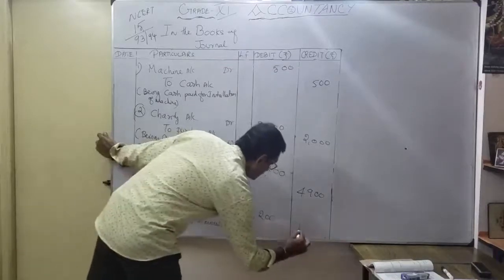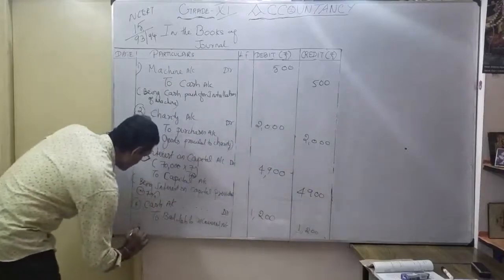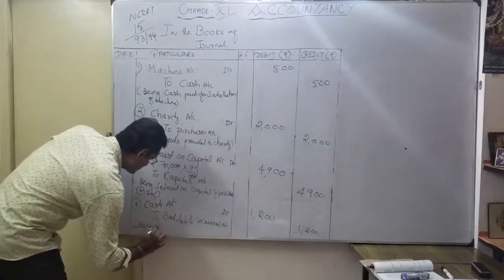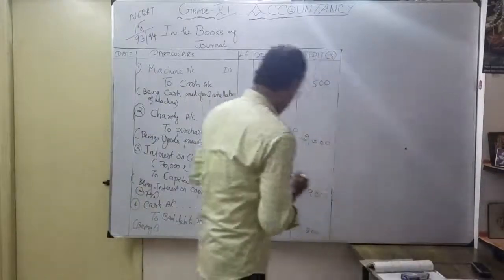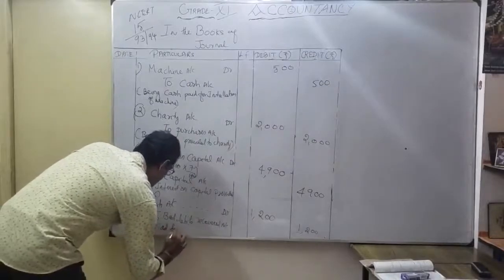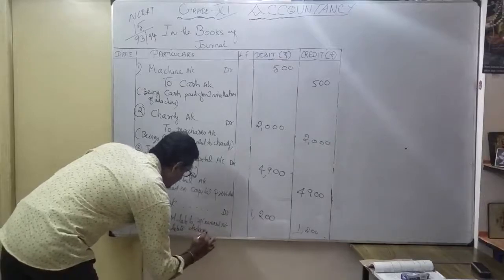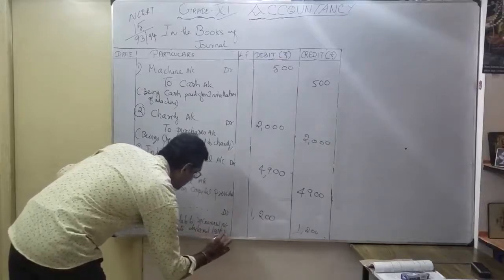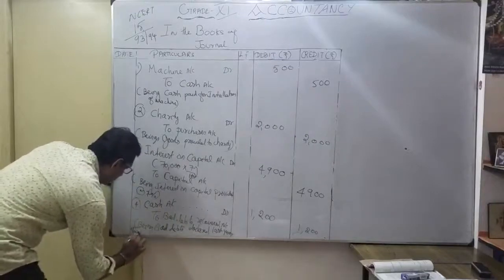How much? 1,200. Then narration. Being bad debts recovered. Bad debts declared last year. Okay, now recovered.